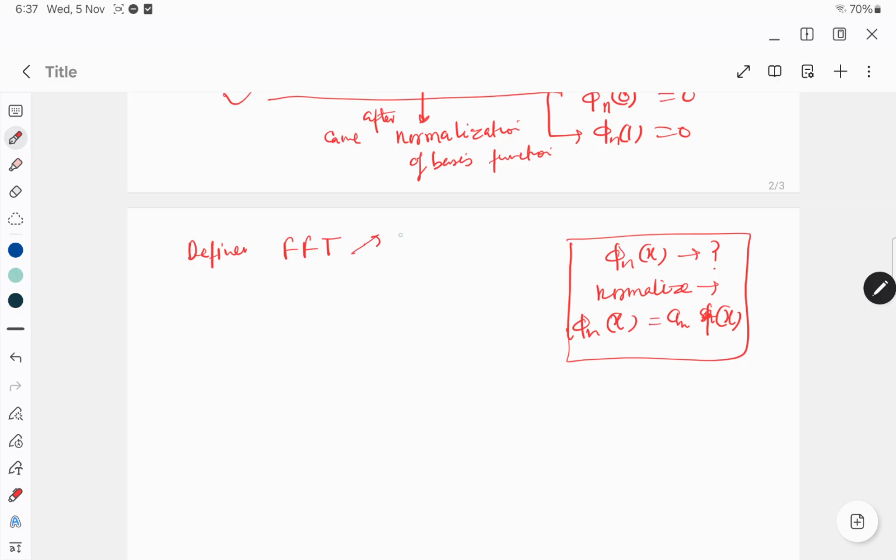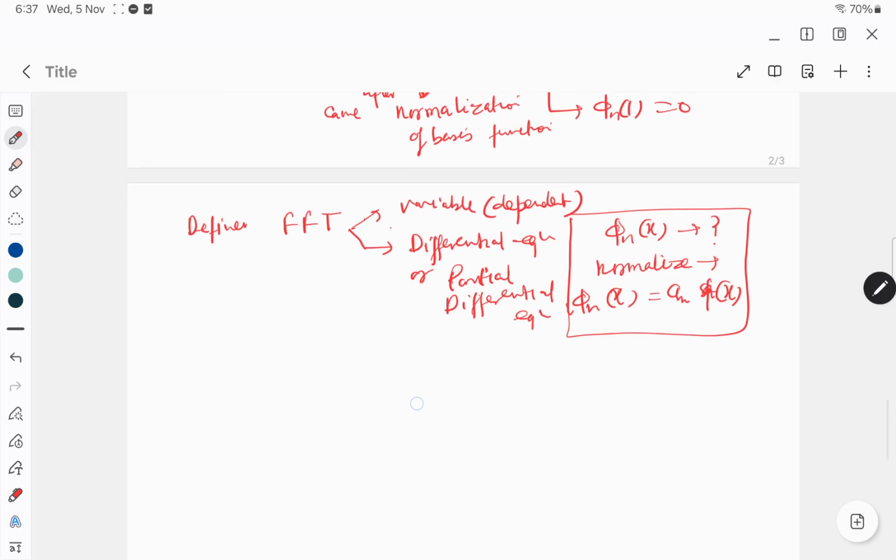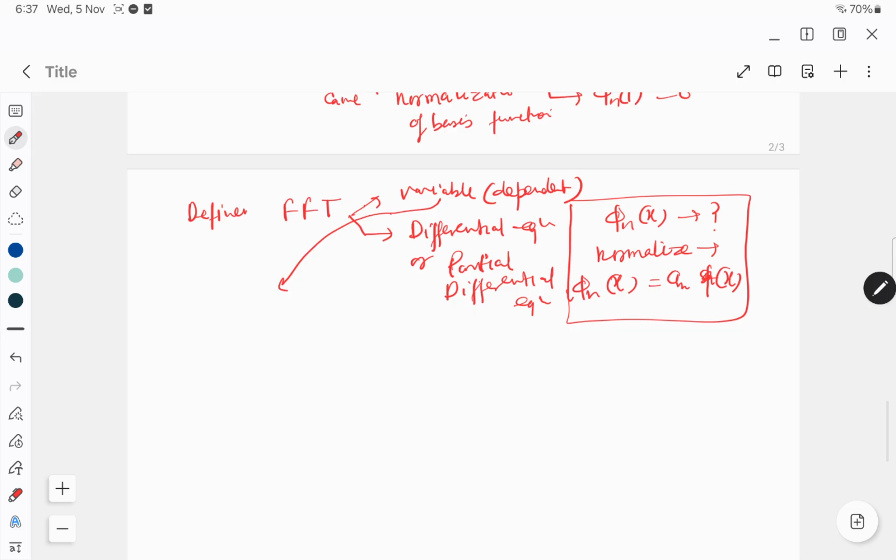The FFT could be of a dependent variable, or the FFT could be of a differential equation, or a partial differential equation. So we will need to understand the FFT of a variable first, that is, of the temperature theta.